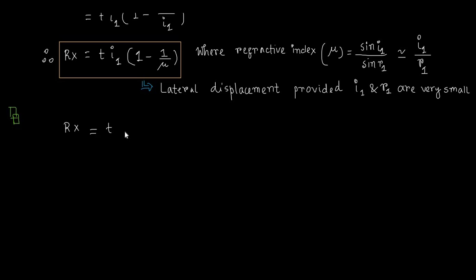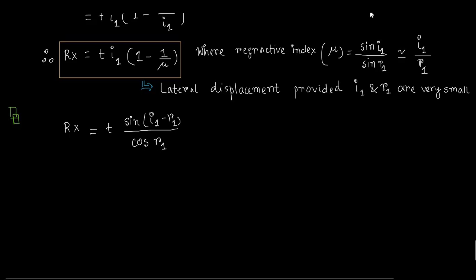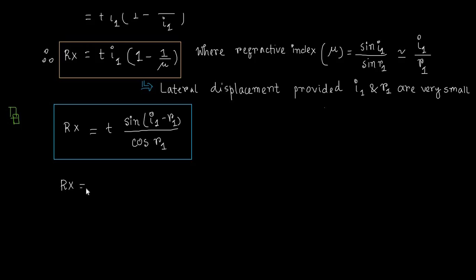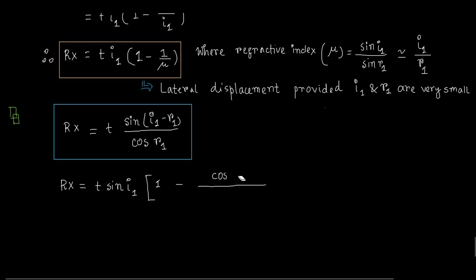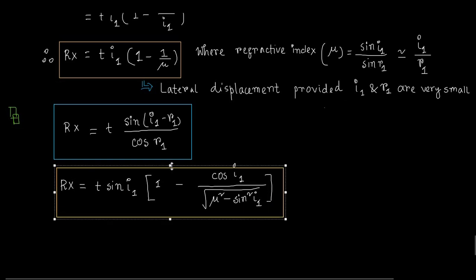So now we can go through the revision, that is Rx will have two expressions mainly. Rx is equal to T sin (I1 minus R1) divided by cos R1, and Rx has another expression in terms of thickness T and angle of incidence I1, that is T sin I1 into 1 minus cos I1 divided by root over mu square minus sin square I1. So Rx has mainly two expressions.